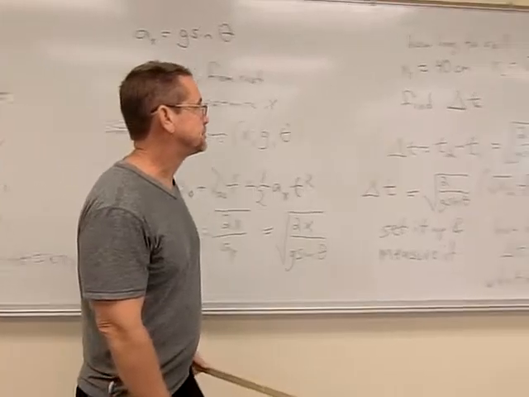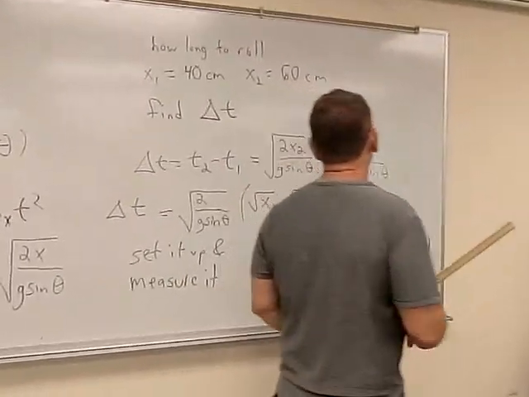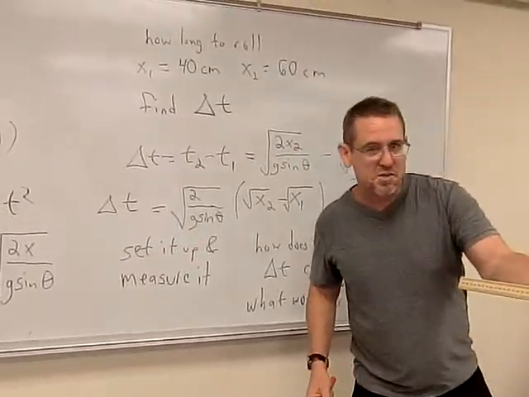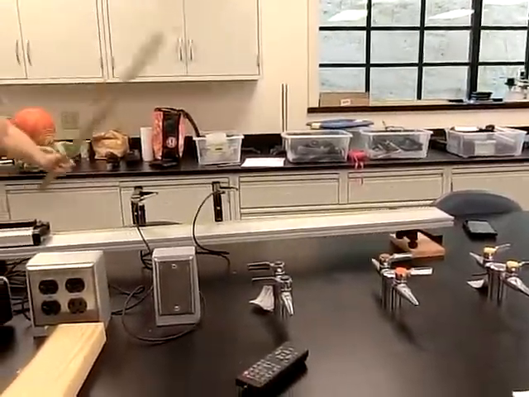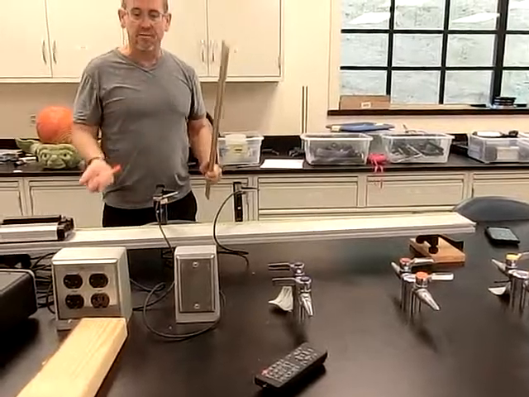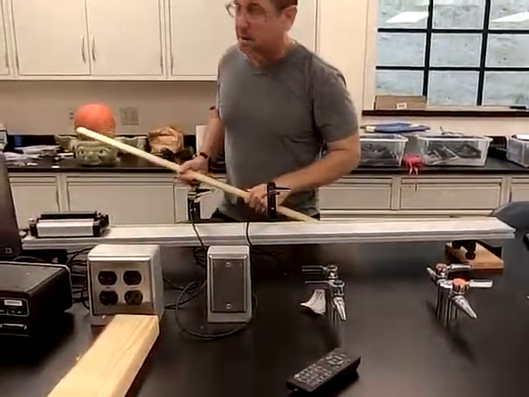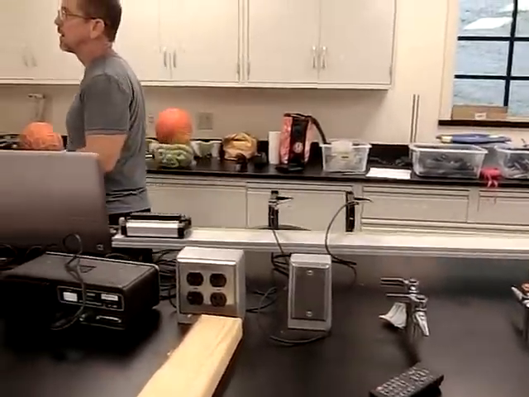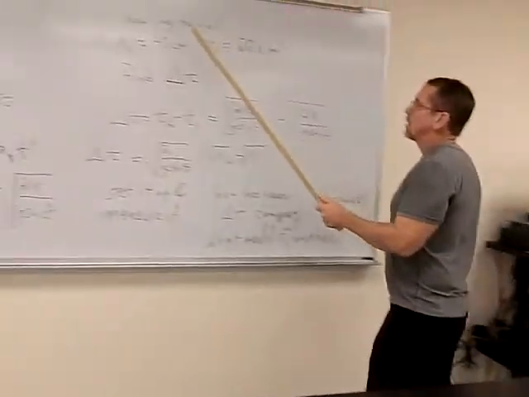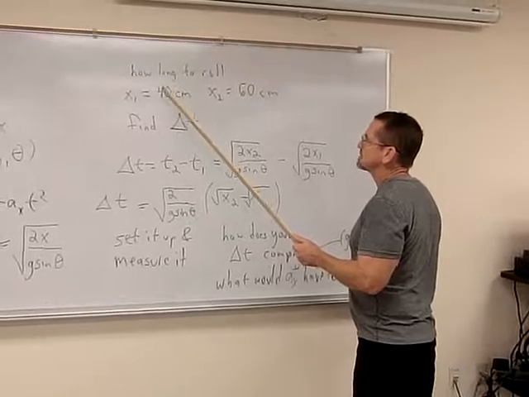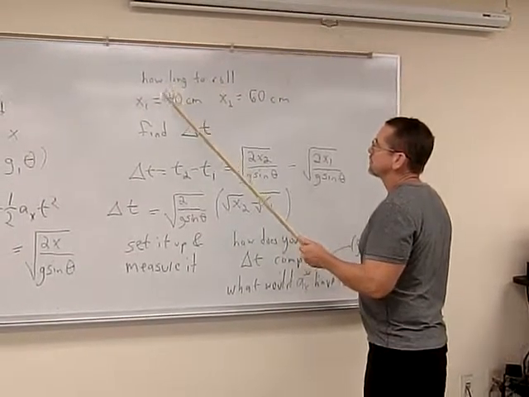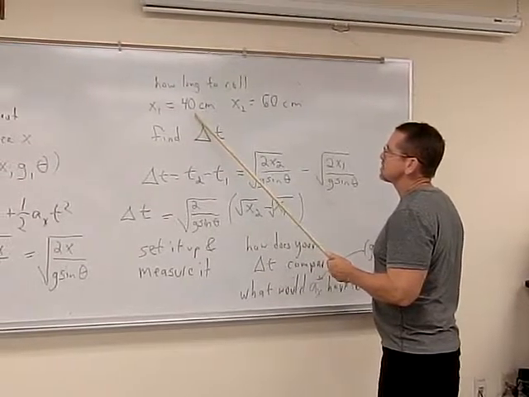Now, remember, if we go back to the experiment, we're actually measuring a delta t between two different spots. So we really want to find the delta t. Suppose we set our first distance to be 40 centimeters.